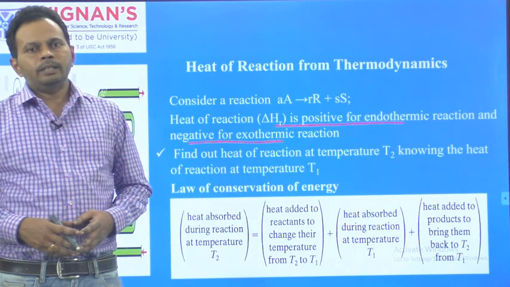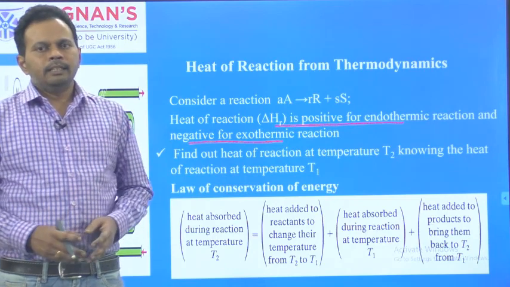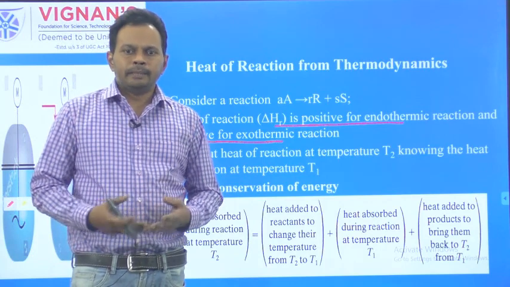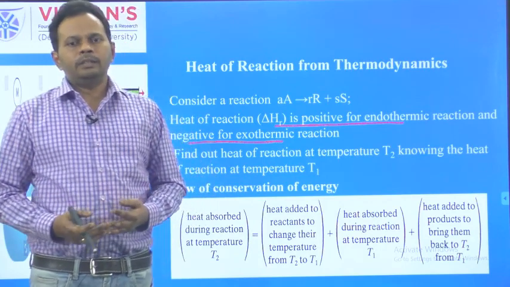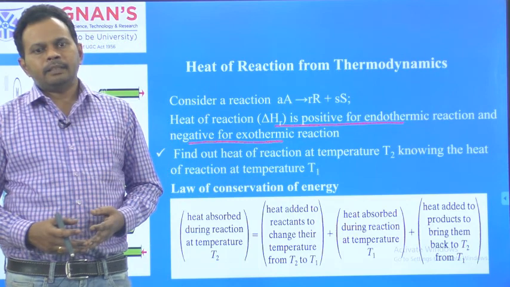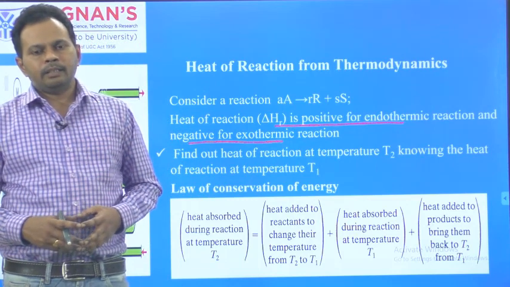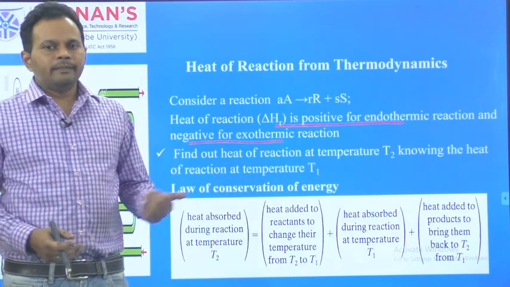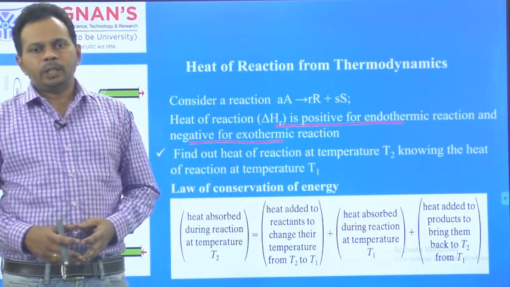To find it, we first need a reference value. Once you know the heat of reaction at some temperature, you can find the heat of reaction at a desired temperature, that is, the change with respect to the reference value. So the heat of reaction cannot be found as an absolute value.